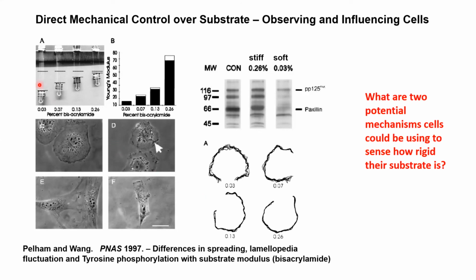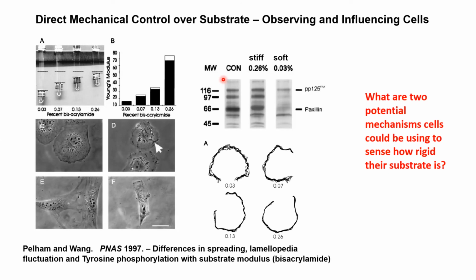And you can see this is a very rudimentary way of testing mechanics, basically putting a weight on it and seeing at steady state how far the material stretches. And comparing the cell response on this to the cell response on this, I will say that this kind of alludes to the question Chris just asked.